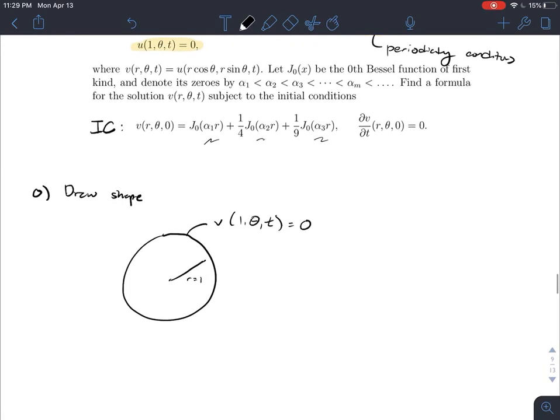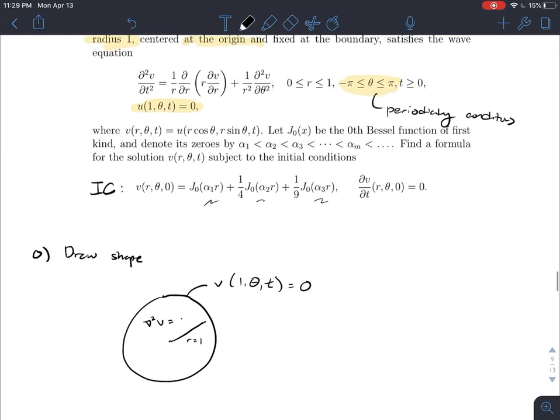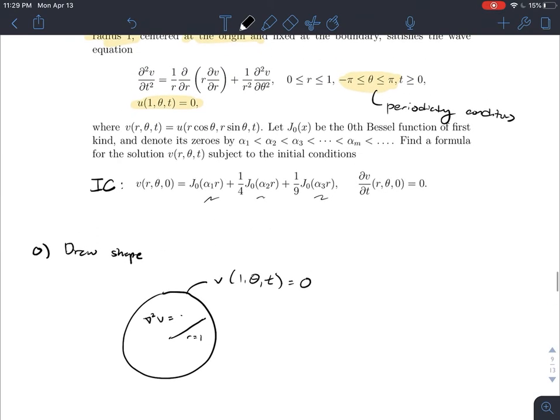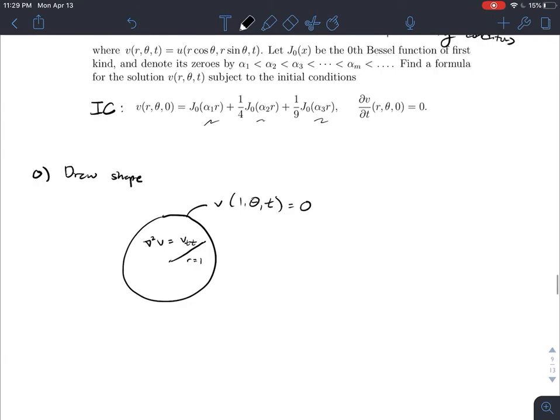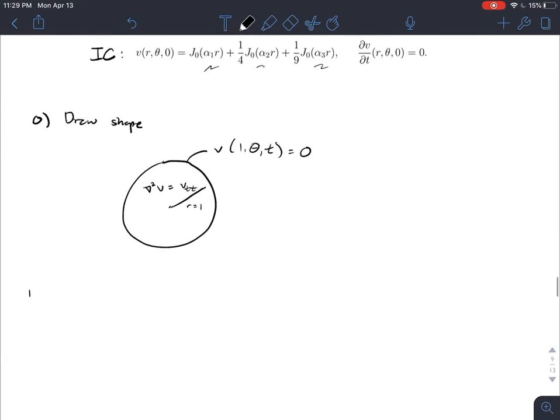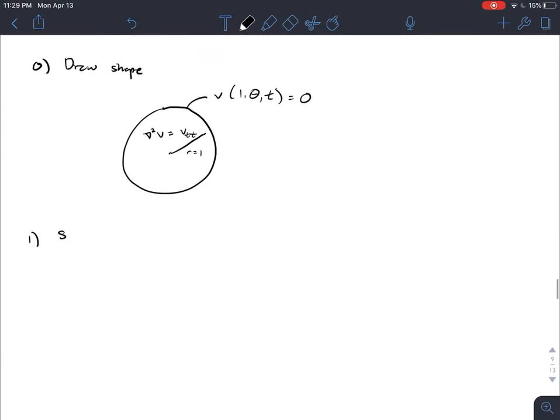And then we have two initial conditions that I was talking about earlier, and then we have del squared V is equal to V_tt, the wave equation. Okay, cool. So let's separate variables.